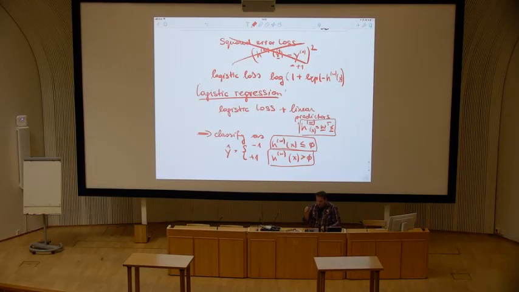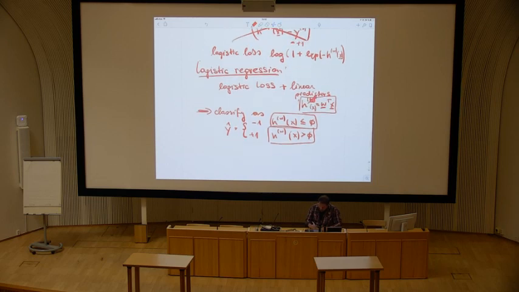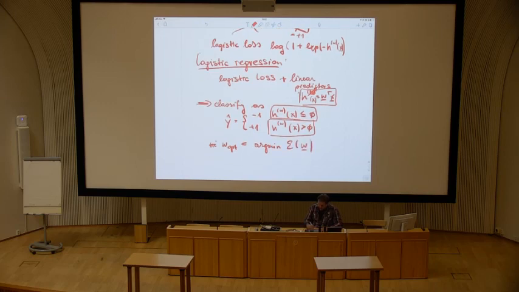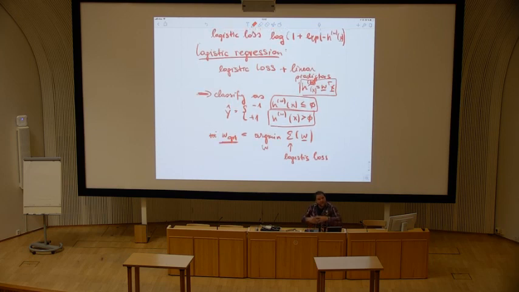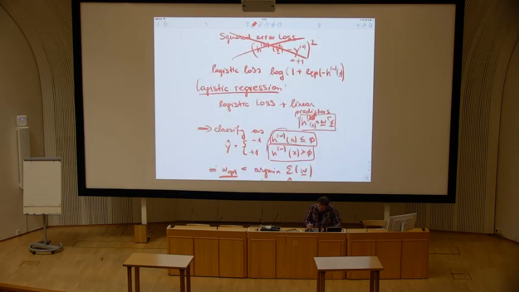However, when you train the classifier, when you tune the weight vector, we aim at finding an optimal weight vector by minimizing an empirical risk, which depends on the weight vector. And in this case, the empirical risk is given by the logistic loss. Once you have this optimal weight vector or an approximation to it, you plug it into this decision rule, or classification rule.